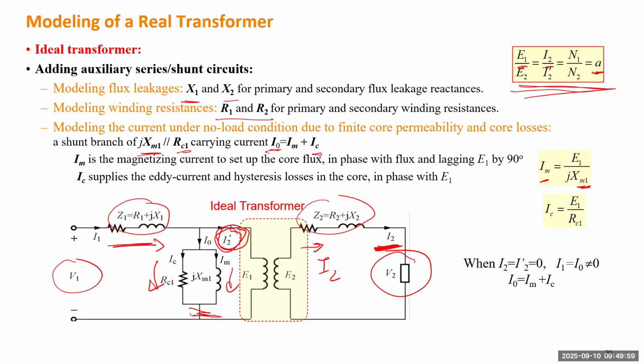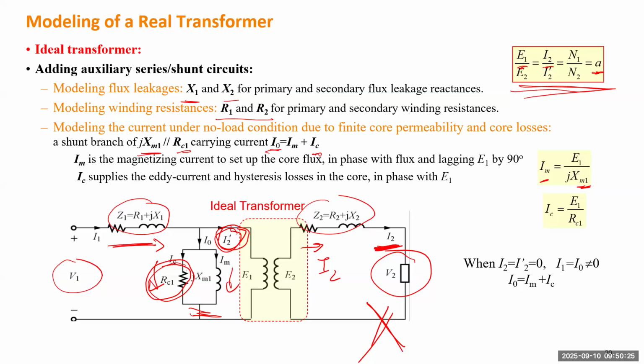When you do the open circuit test, you just need to open the secondary side winding circuit. Then you apply a voltage and calculate the power loss. The power loss will basically determine how much the resistance is.